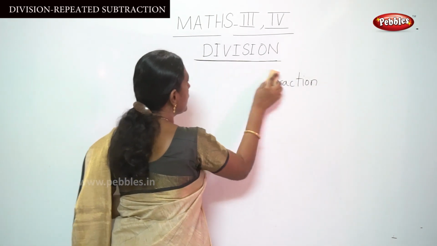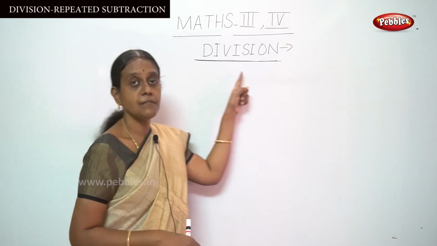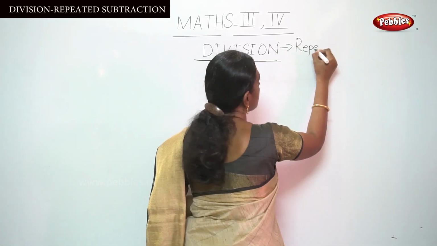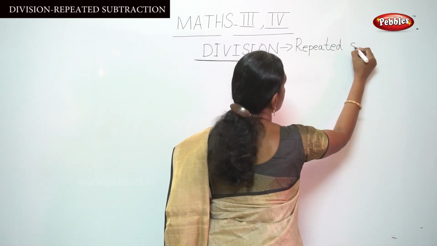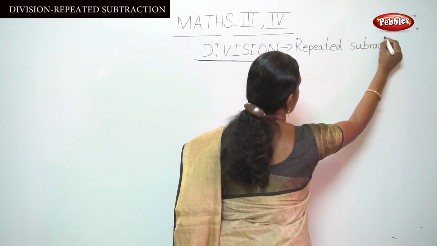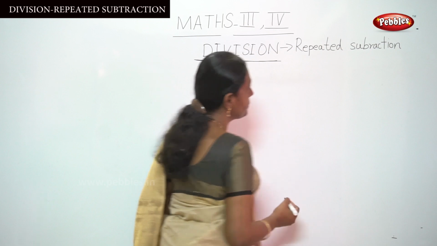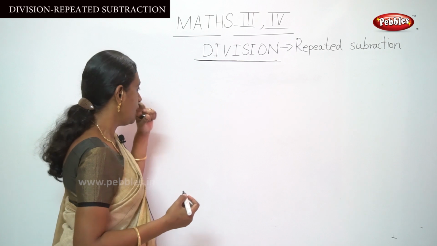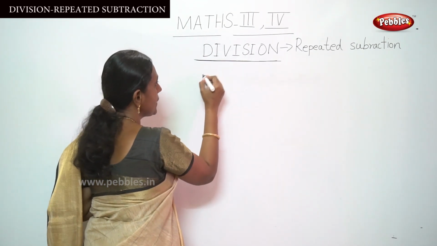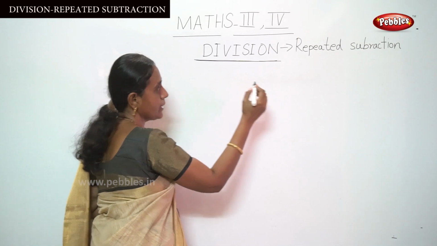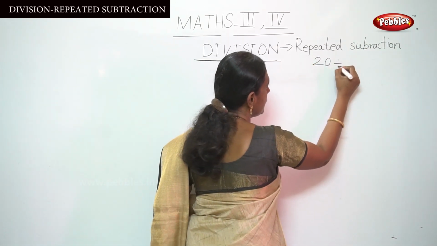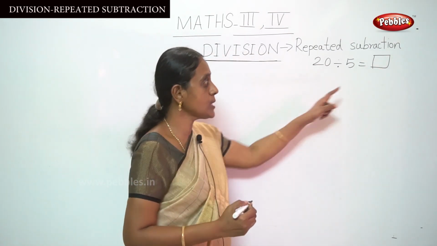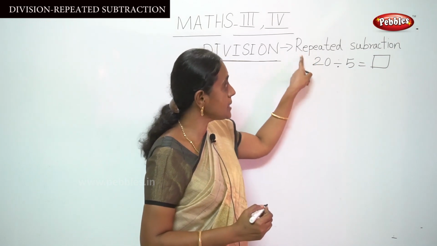Children, division is repeated subtraction, and I am going to explain with an example sum: 20 divided by 5. You should find out this quotient by doing this method.